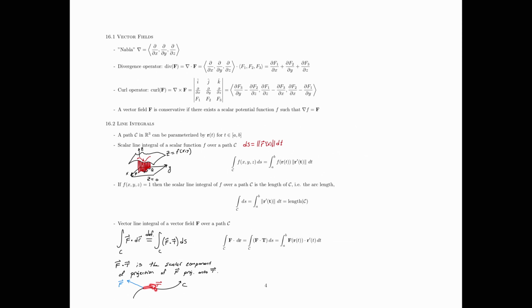If it's a negative number, that means it's pointing opposite of our direction of motion. Not literally exactly opposite, but if you draw a perpendicular to this, it's on this side. So anything on this side would be a negative contribution. Anything on this side would be a positive contribution. And if it's orthogonal, then the contribution is 0.